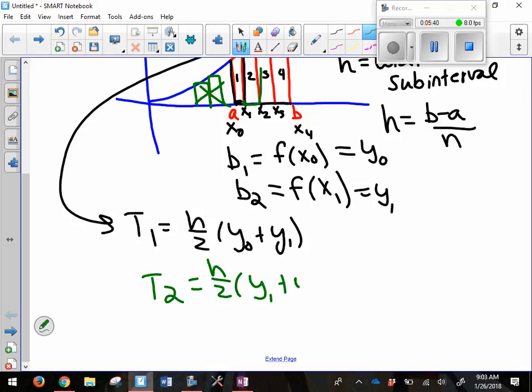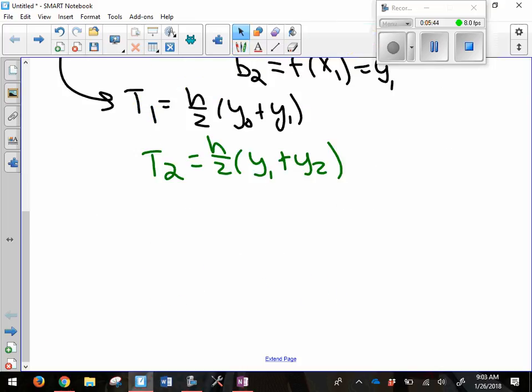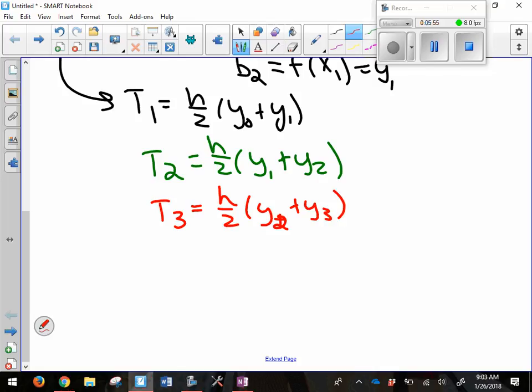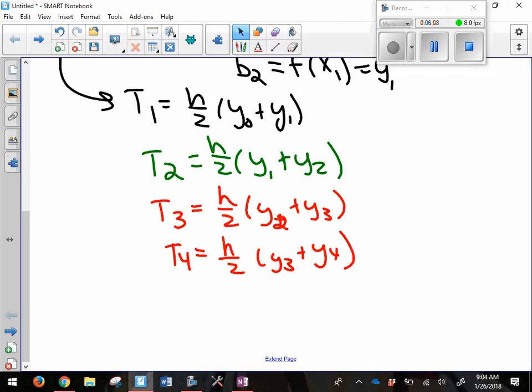Yep. y1 plus y2. And then how about T3? And T4? Good. What do you notice here when we look at all four of those?